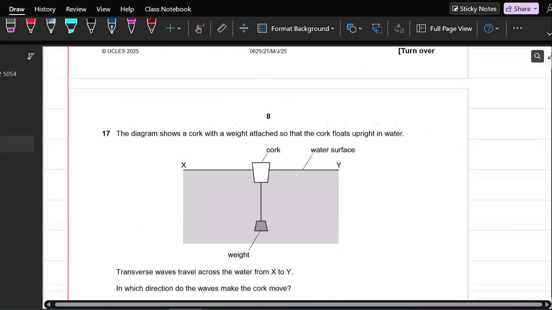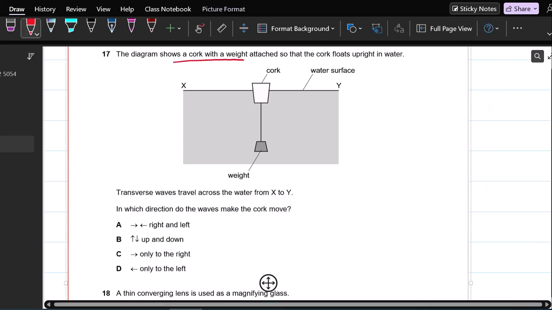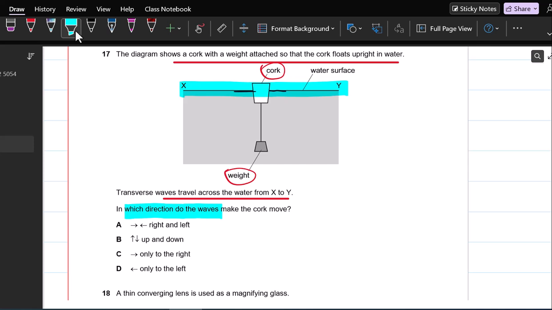Moving to question 17. The diagram shows a cork with a weight attached so that the cork floats upright in water. So here is a weight, here is a cork. It can float upright in this water. Transverse waves travel across the water from X to Y. In which direction do the waves make the cork move?